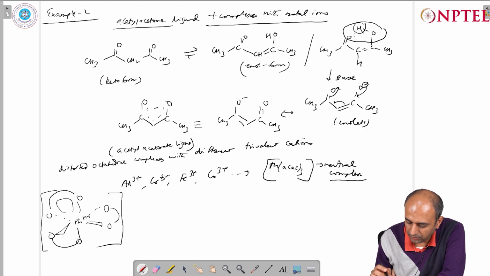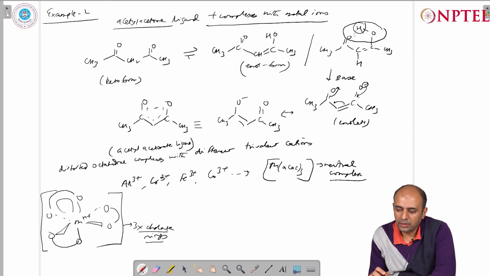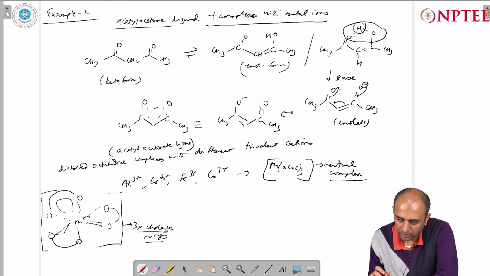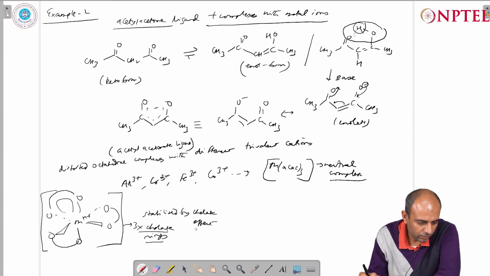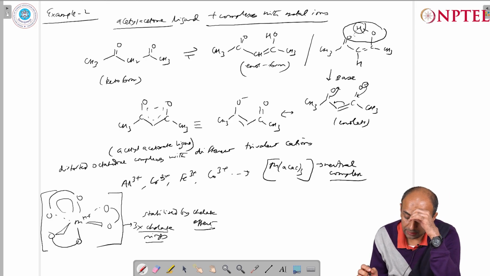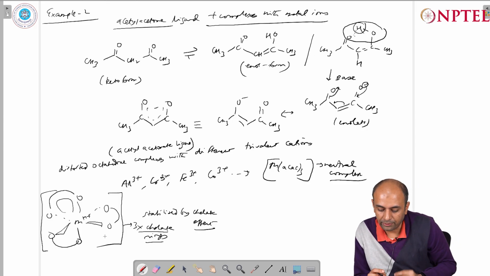It forms a ring system. So, there are 3 chelate rings which are formed in this particular process, and these are also 5-membered rings essentially. So, these are also stabilized by the Chelate effect. So, the formation of acac complexes is again another demonstration of the operation of the Chelate effect.